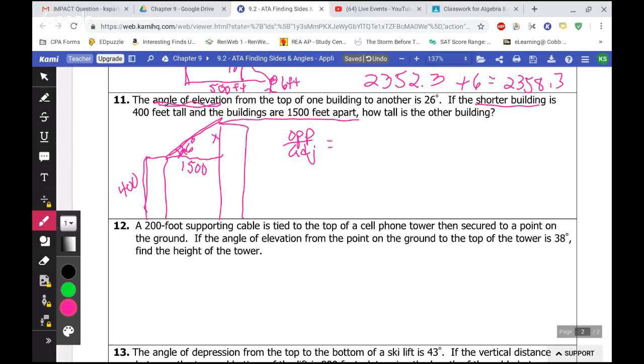So what trig ratio is that? Tan. Yes, tan 26 degrees equals x over 1,500. So 1,500 times tan 26 equals x.